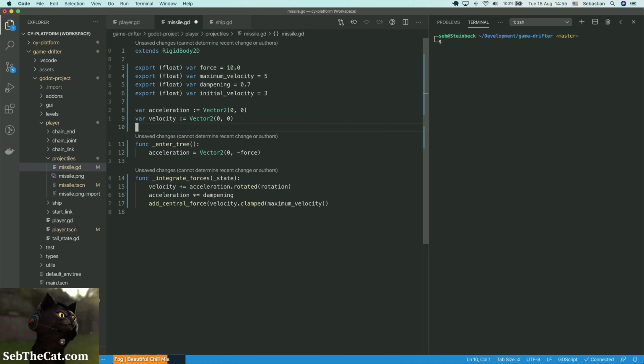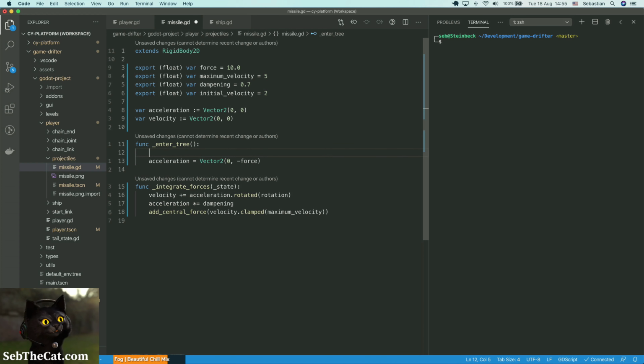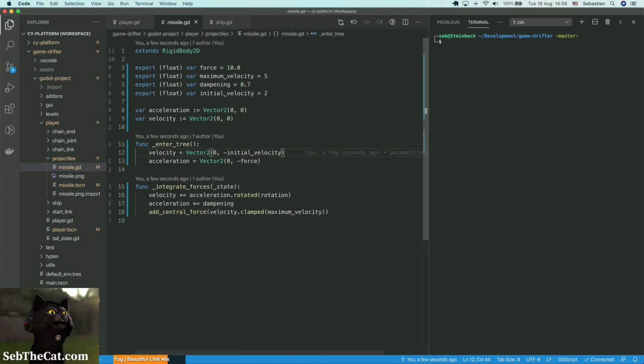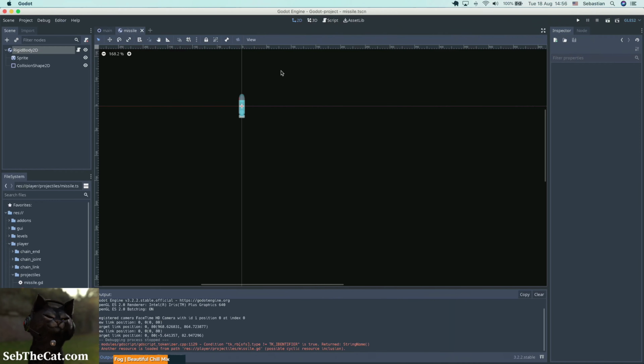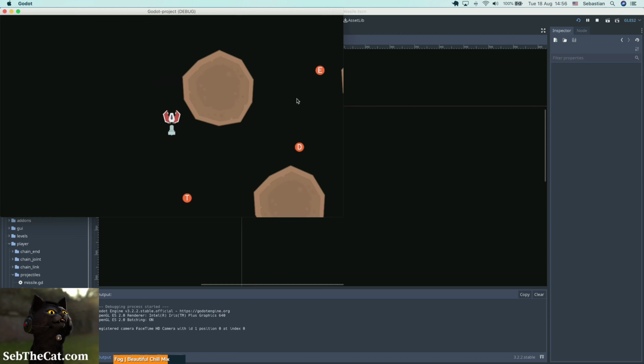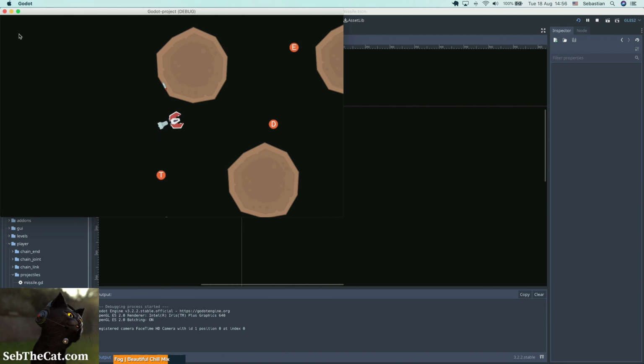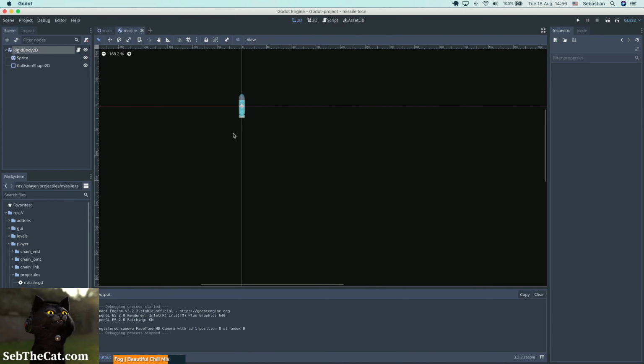Maybe not quite. 2. And then we set the acceleration, and then we also set the velocity to be a Vector2 of that initial velocity. Okay. Okay, that initial velocity still isn't quite enough.